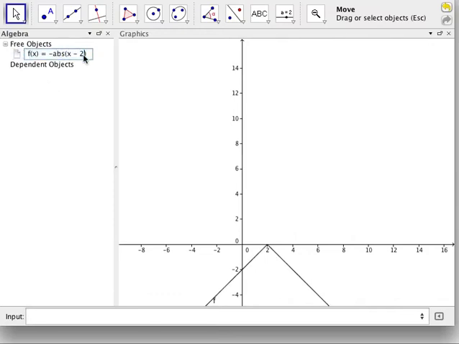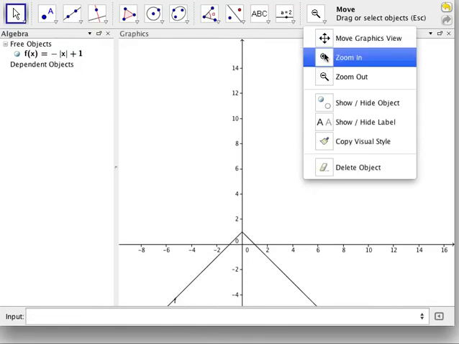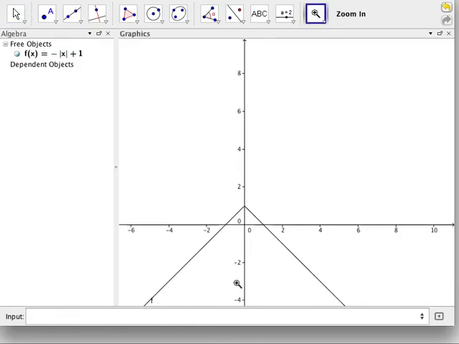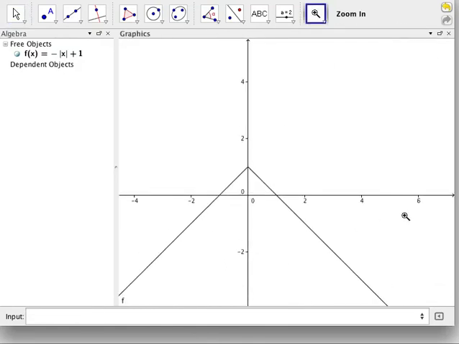And then I need to change it so it's just absolute value of x, and then I'm going to add 1. All right, let's see what it looks like. So the biggest thing is that we have to make sure that we enter them correctly.